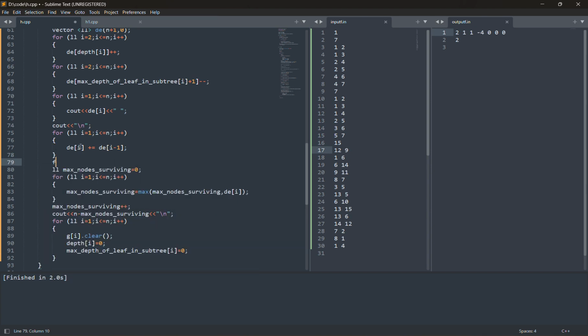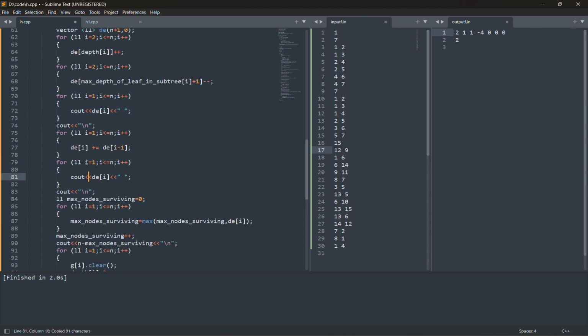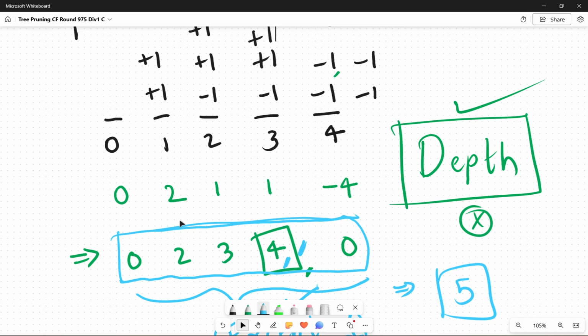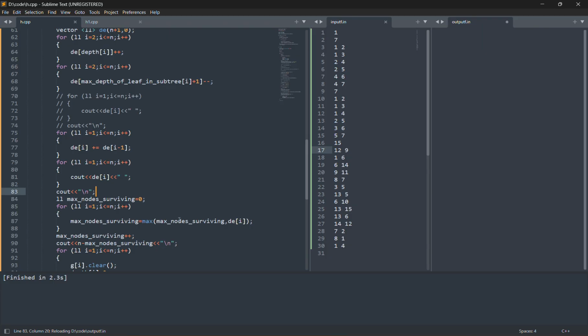That is going to be the one we have calculated. Let us remove this and check it. It should be 2 3 4 and 0. Is it? Yes, 2 3 4 and 0. And that's the thing.